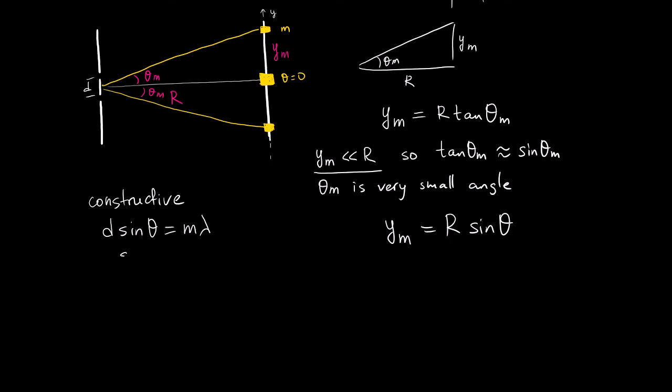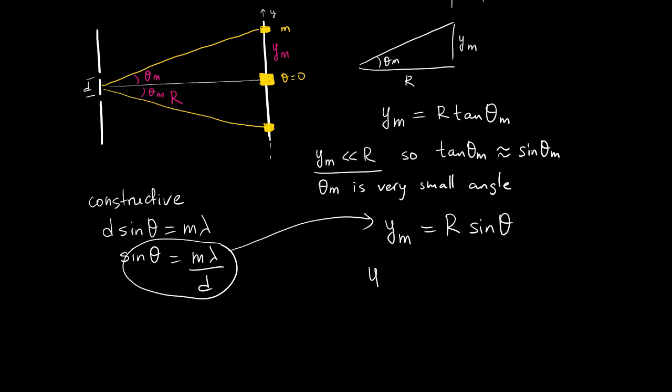So from here I can find sine theta equals m lambda over d. If I plug this into my equation, I will get ym for a bright fringe equals r m lambda over d, and this is for a bright fringe.